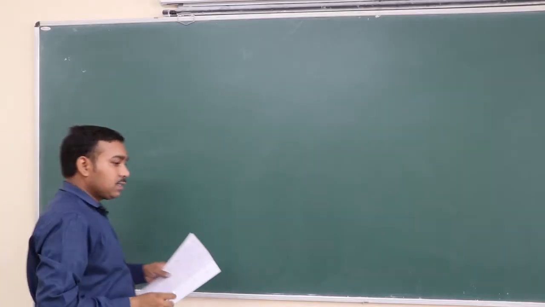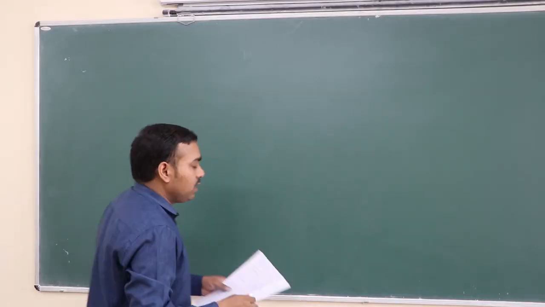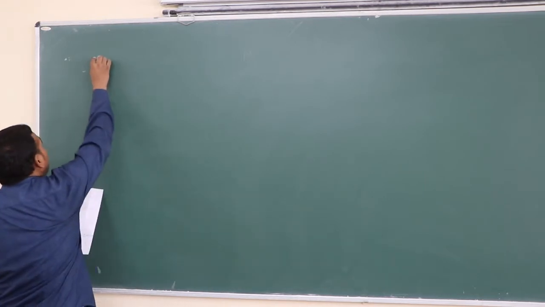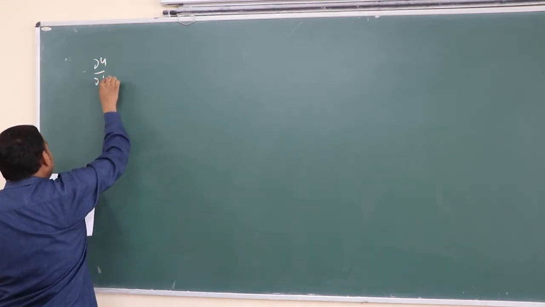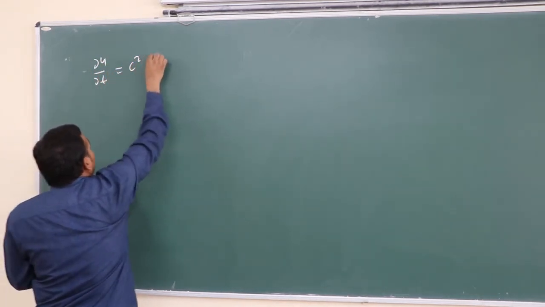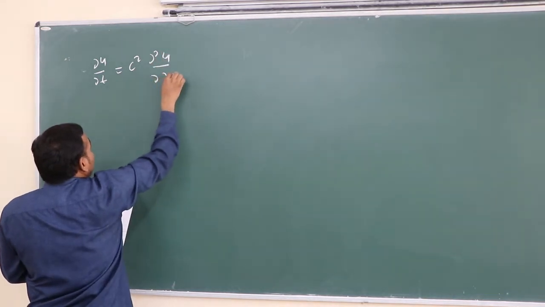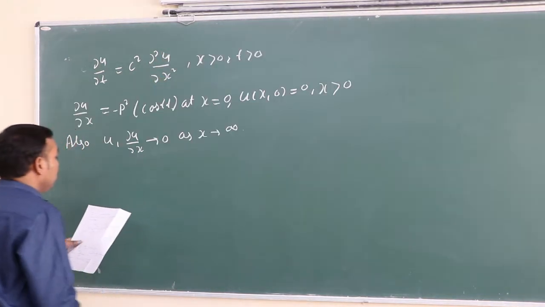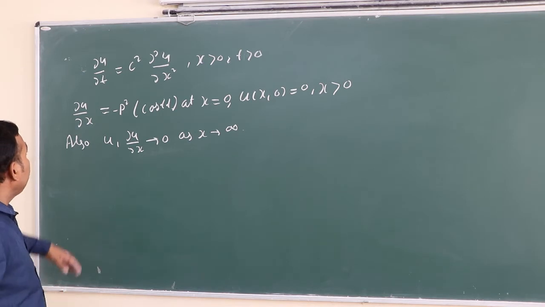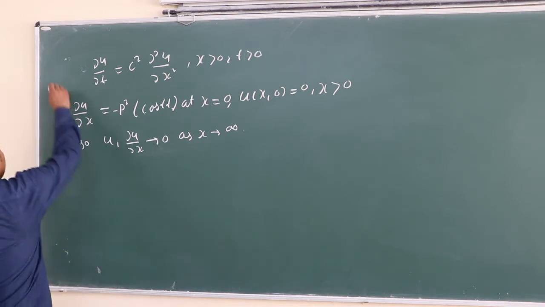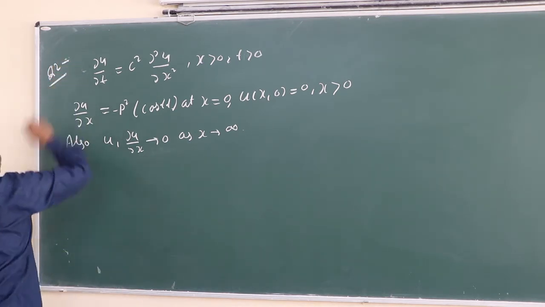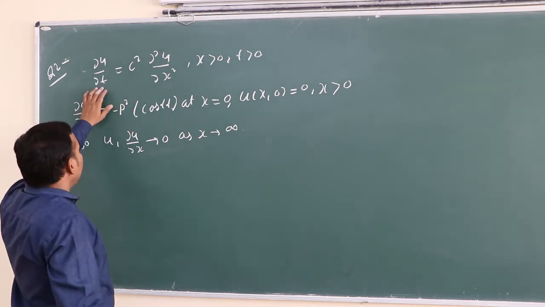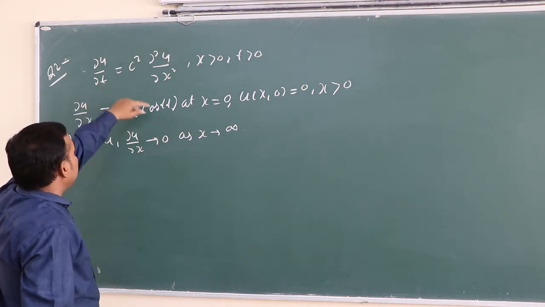Now let's discuss one more problem, that is, find the solution of the problem del u upon del t equal to c square del square u upon del x square. So here you can check there are two variables x and t.